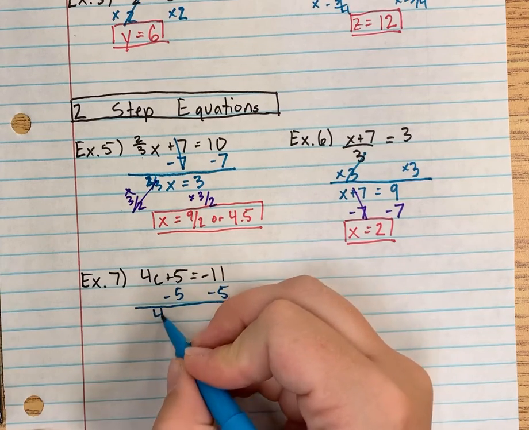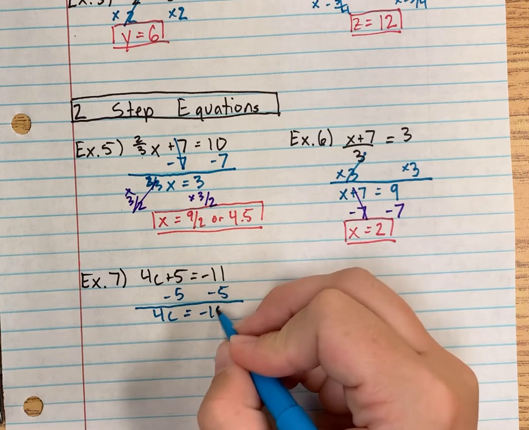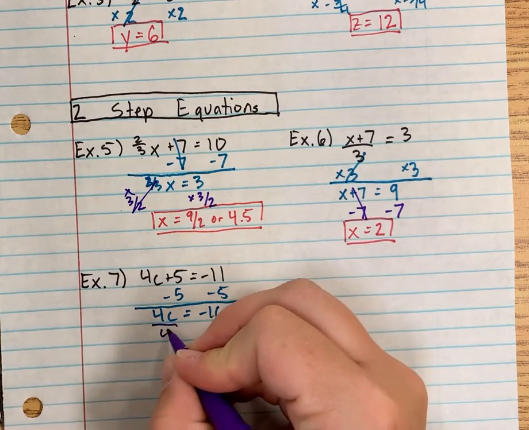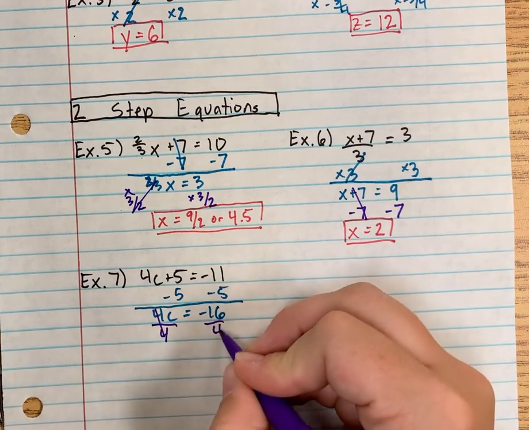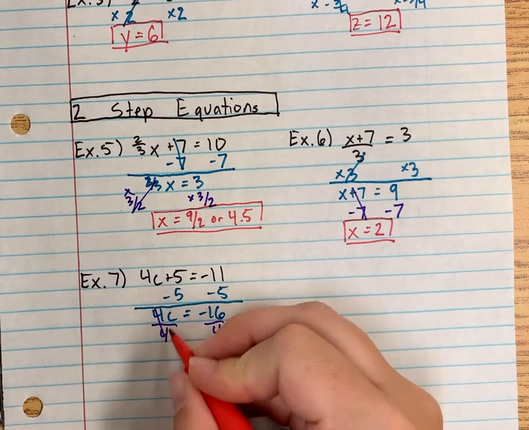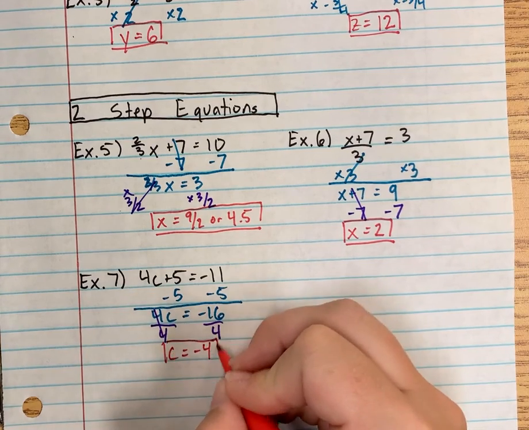So now we have 4c equals negative 11 minus 5, which is negative 16. And then we want to divide both sides by 4, like so. And then all that's left here is c equals negative 4.